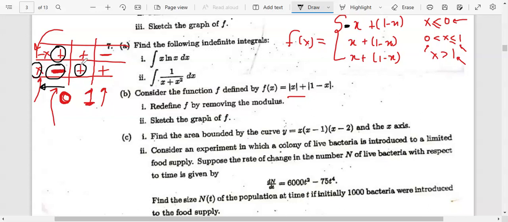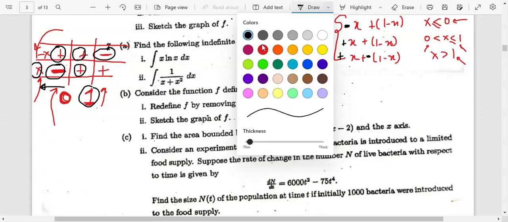For between 0 and 1, for x, it is positive, so I was just supposed to attach a positive. For 1 minus x, it's also positive, so I was supposed to attach a positive, but nothing really changes. Now, for values of x greater than 1, x is positive, so I'm supposed to attach a positive here. 1 minus x is negative, so I am supposed to attach a negative here.